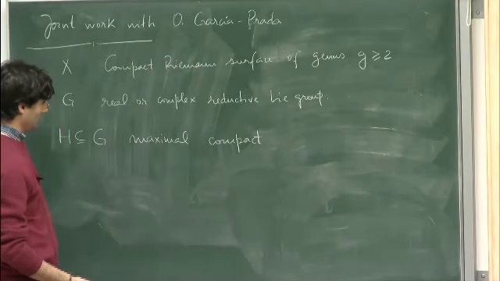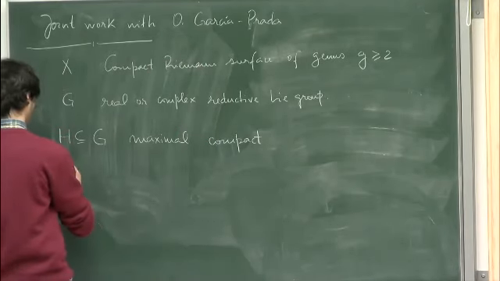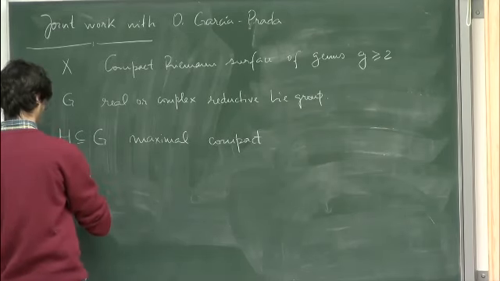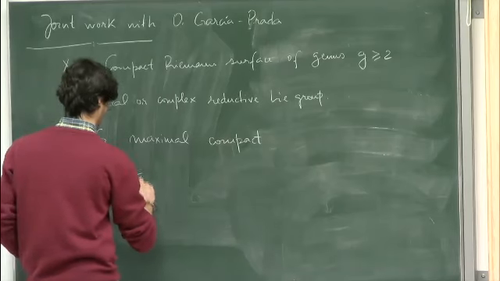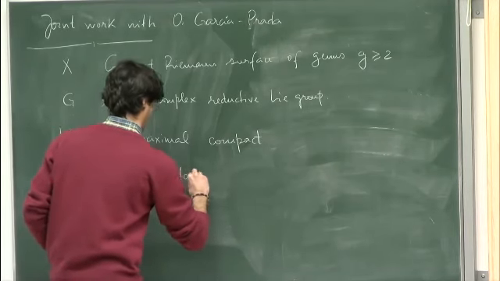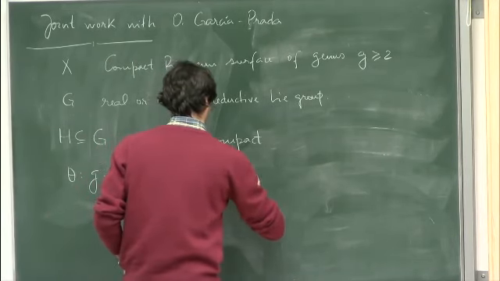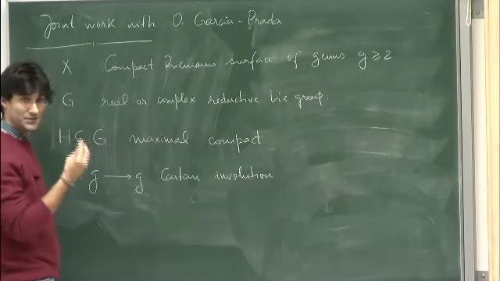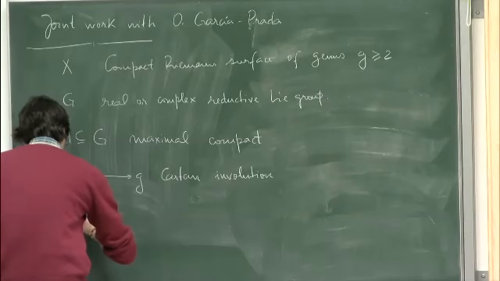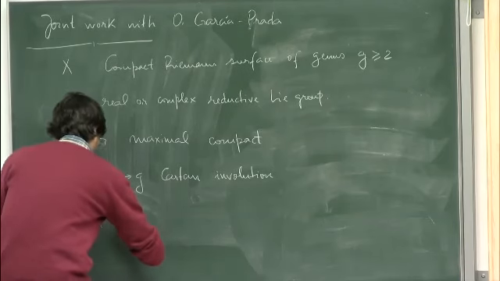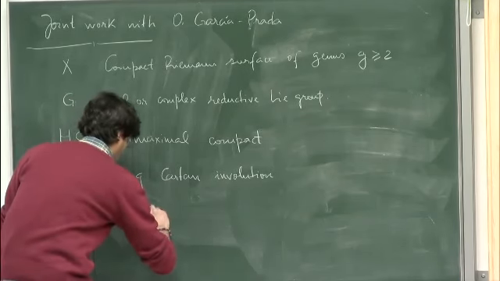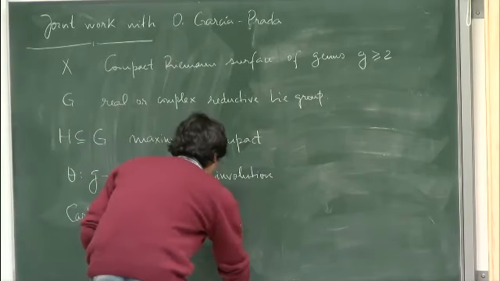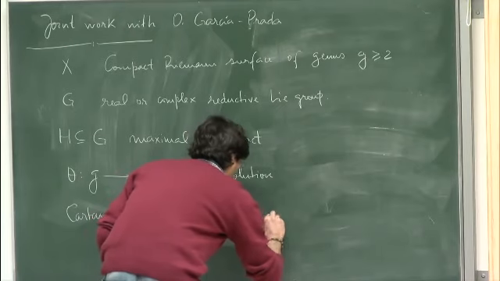And at the Lie algebra level, we have the Cartan involution at the Lie algebra level of G. And this gives rise to the Cartan decomposition of G, which is like this.